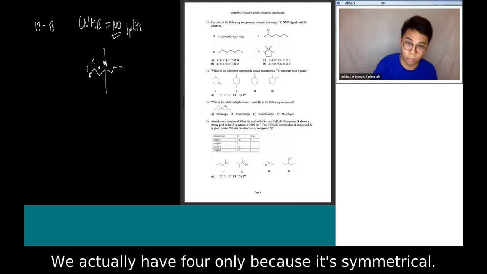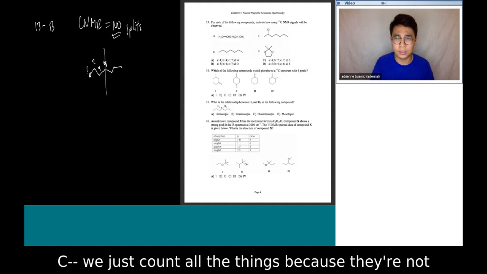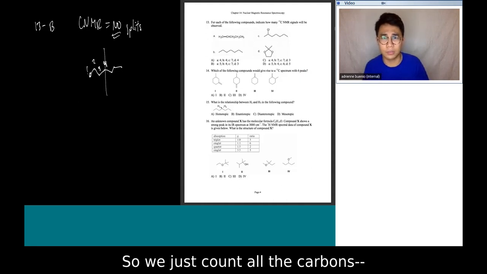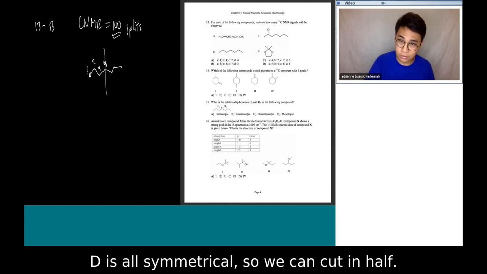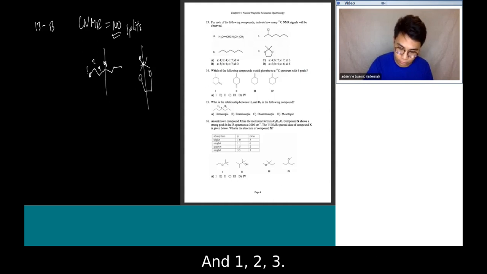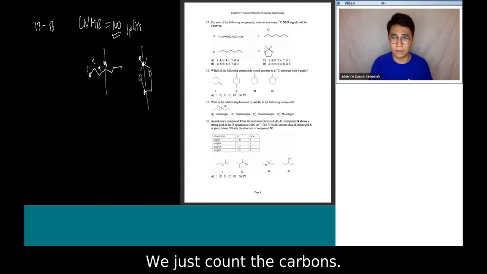We actually have 4 only because it's symmetrical. For C, we just count all the carbons because they're not symmetrical, 1, 2, 3, 4, 5, 6, 7. D is also symmetrical, so we can cut it in half, and 1, 2, 3, right? So that's it. We just count the carbons.